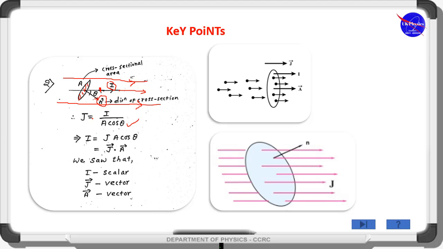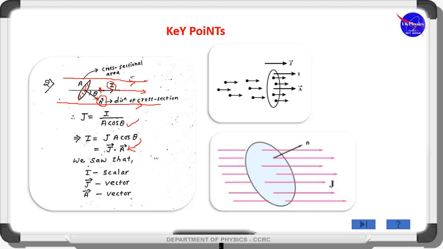So under the multiplication, I have this expression I equals J A cos theta, and this expression finally reduces into this form J dot A, because it is simply a dot product. So J dot A means J A cos theta.